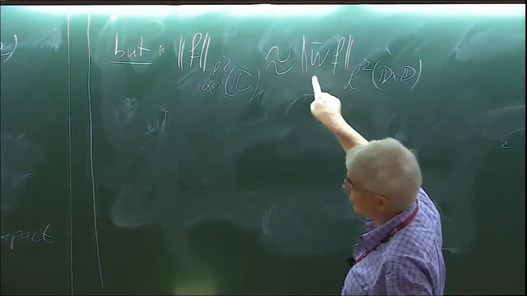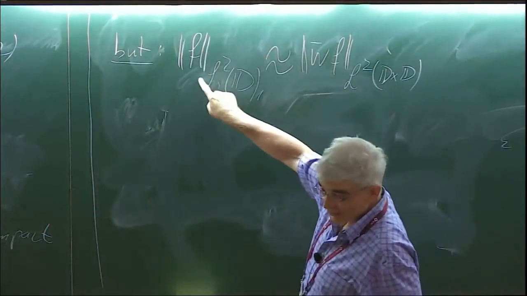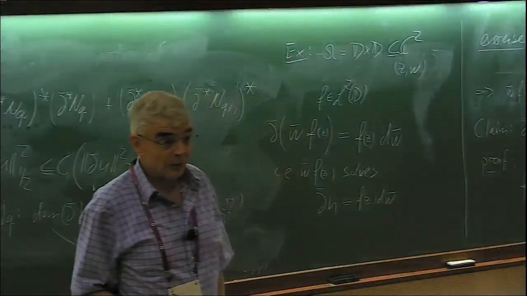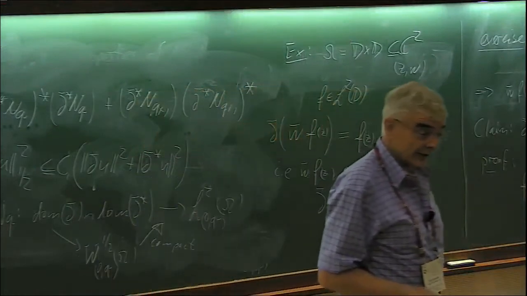But because the norms are comparable, you have a convergent subsequence back here. In other words, bounded sets in the Bergman space of the disk would be compact. The unit ball of the Bergman space of the disk would be compact. That is, it would be finite dimensional, which of course it is not.